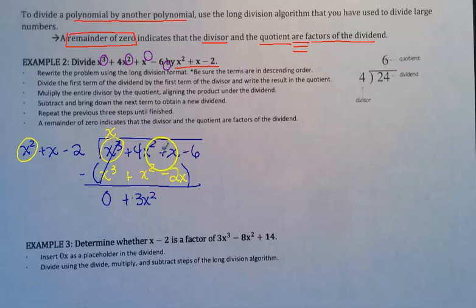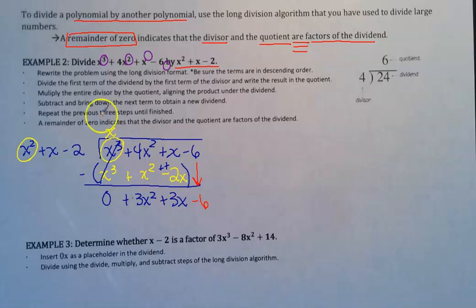Okay, x minus negative 2x, wait a minute, that's going to make this plus a positive, right? So x plus 2x is going to give me a positive 3x. All right. Notice it said to subtract and bring down the next term. So that's what I got to do now. I got to bring down my minus 6, just like in long division.